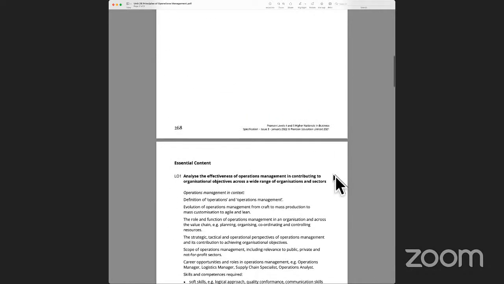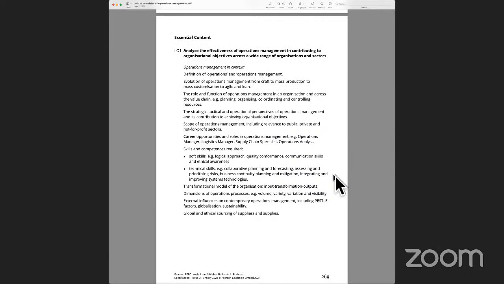So today's focus will be to look at going into detailing of understanding how we analyze the effectiveness of operations management in contributing to organizational objectives. And this could be across a wide range of organizations.